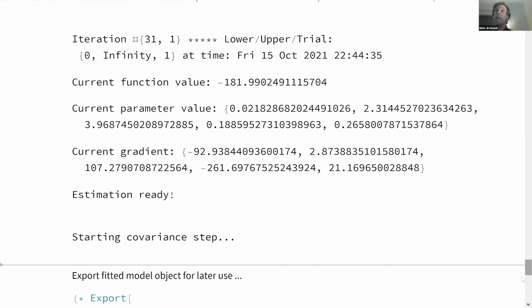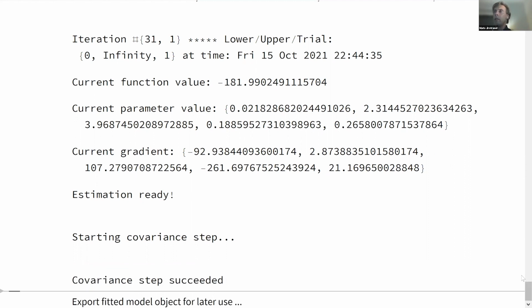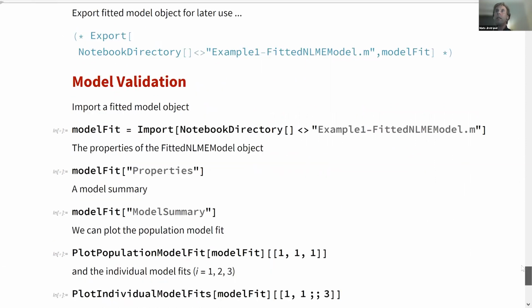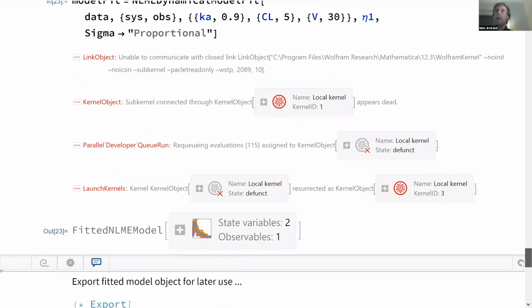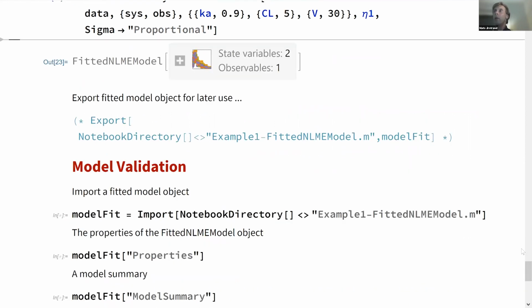The estimation is ready, and now the covariance step starts, so that you get the standard error or relative standard error with the results here. And hopefully it will be finished. Yes, covariance step succeeded. Now when it got ready, you see these intermediate values, except the error messages here that we can just delete, went away.